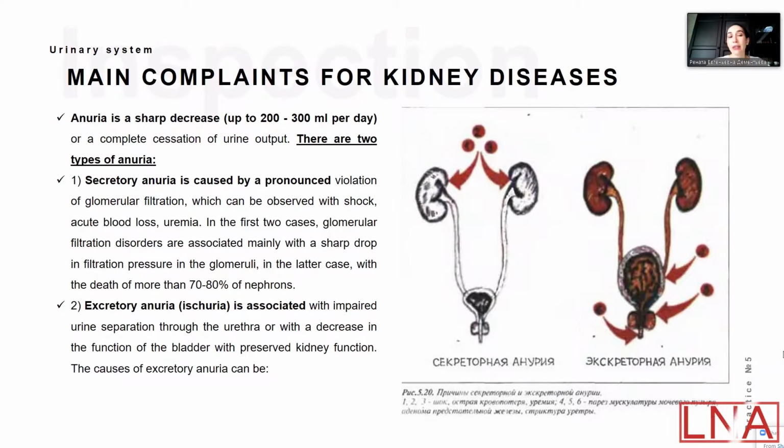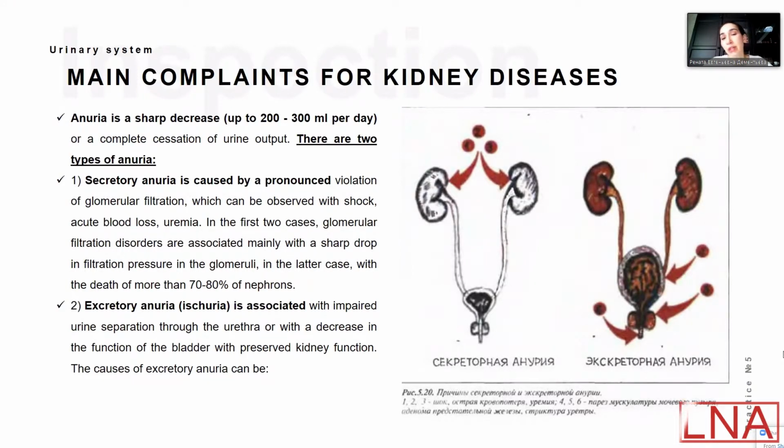Secretory anuria is caused by pronounced disturbance of glomerular filtration, which can be observed in shock, hypovolemic shock, acute blood loss, in fact also hypovolemic shock, and uremia. In the first two cases, glomerular filtration disorders are associated mainly with a sharp drop in filtration pressure in the glomeruli, because filtration pressure also depends on the level of the total arterial blood pressure.